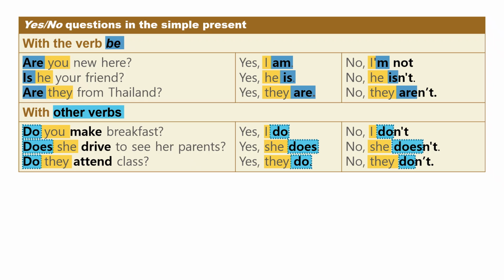Okay, so if we look at all of the examples in our book, you can see, again, all questions start with a verb. Then there's a subject. All statements have a subject, then a verb.